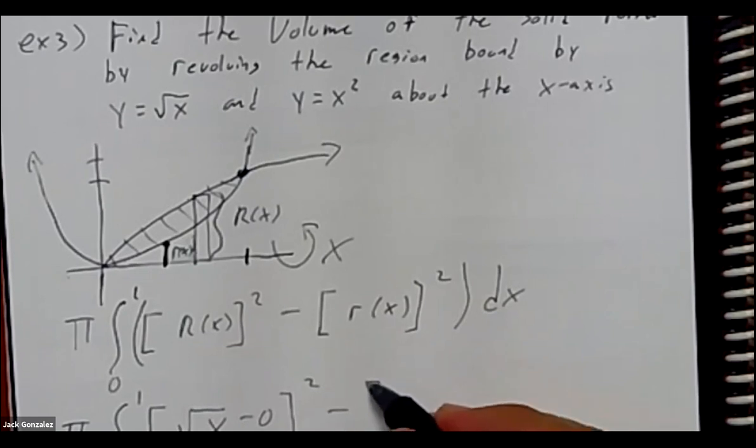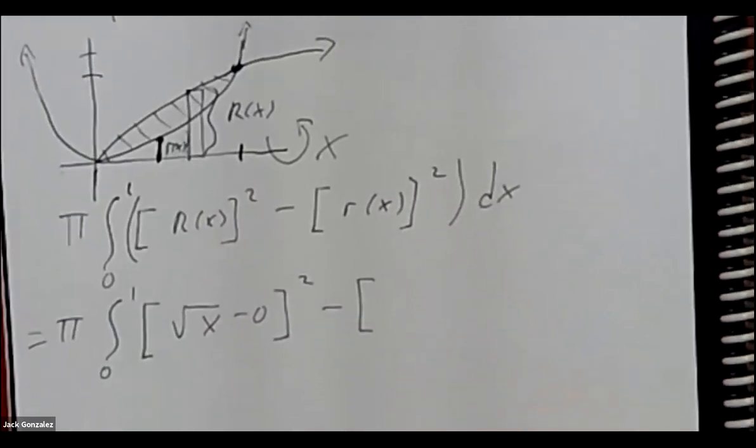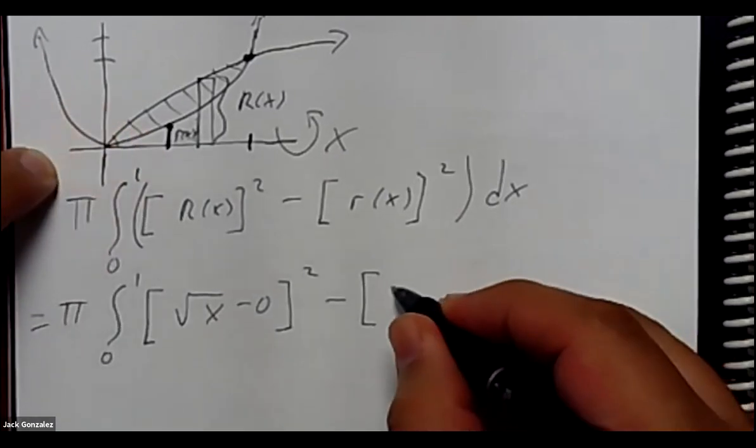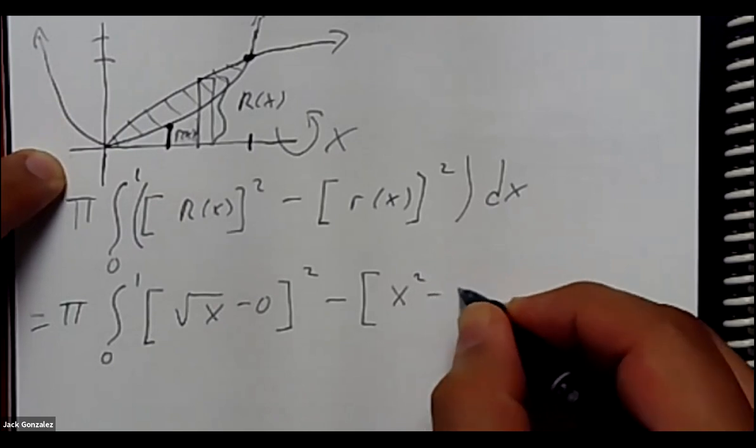Minus the small radius. What's the small one going to be? So, x squared minus the bottom, right?